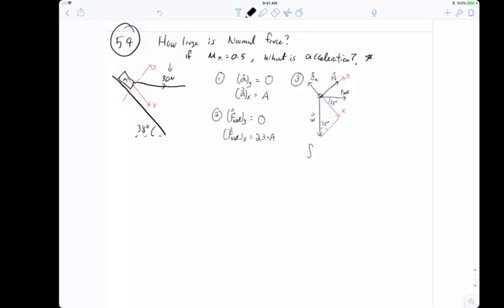Force of kinetic friction, I don't know, but it's pointing in the minus x direction. So it's got 0 in the x, and then in the y direction, oh yeah, hold on, normal force. Normal force in the x direction is 0. Normal force in the y direction, I'll call it little n. If I knew what this was, I could figure out what this was. Mu kinetic times little n. There's also weight.